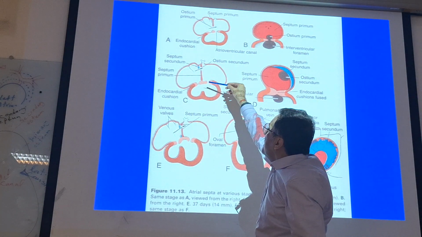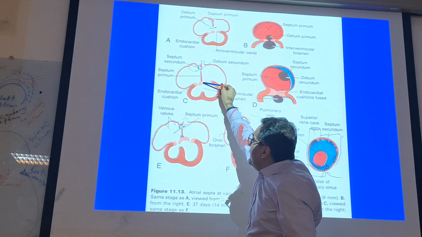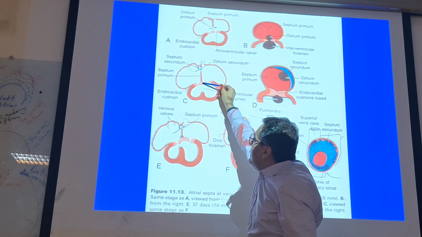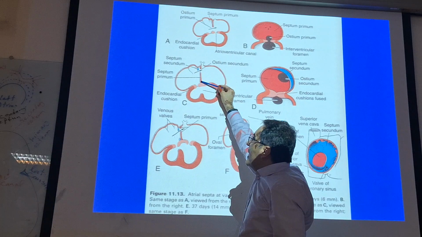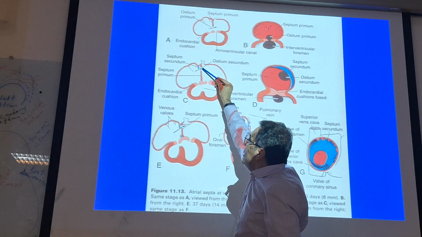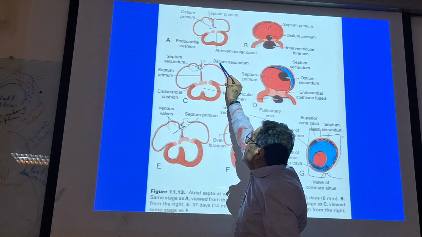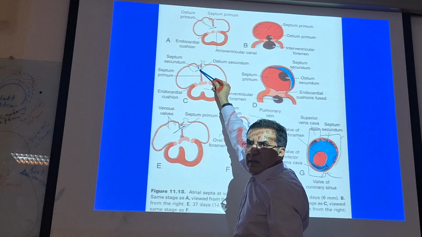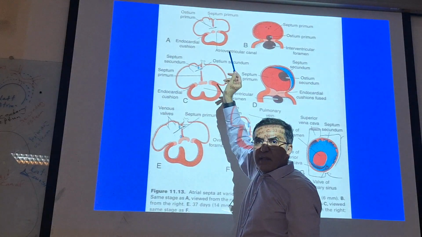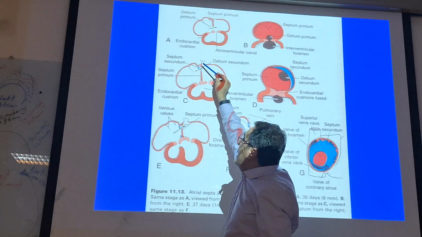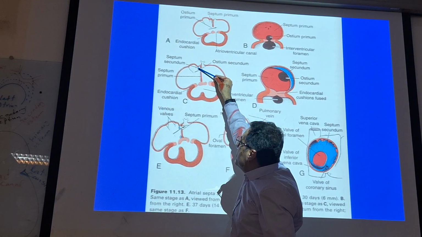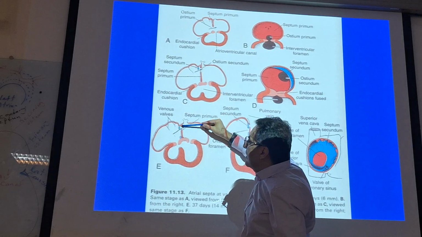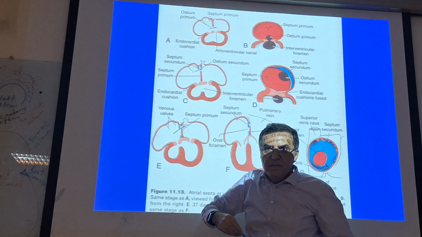As a result of the growth of the inferior cardiac cushions, the foramen primum is closed, and the foramen secundum or ostium secundum remains open to the base. And on the right side of the septum primum, the blue color, the septum secundum is growing down. Is it clear?